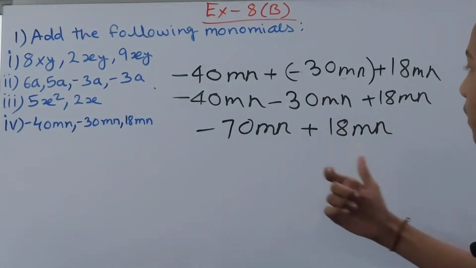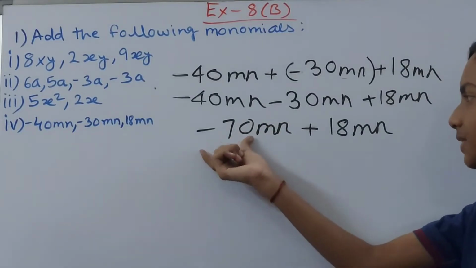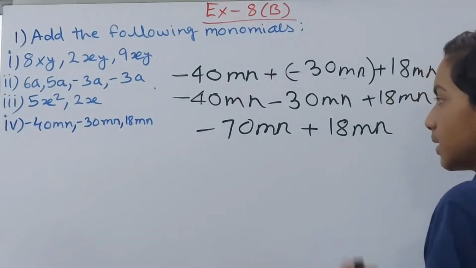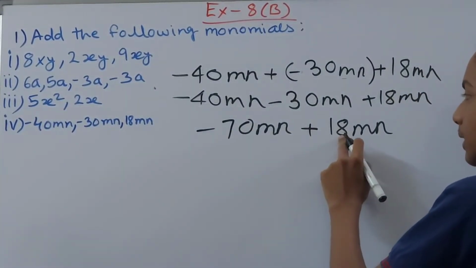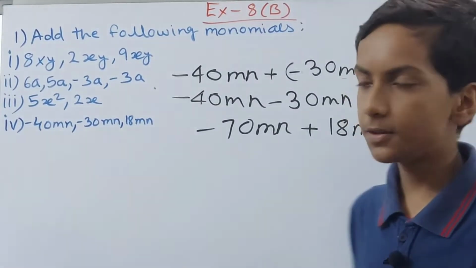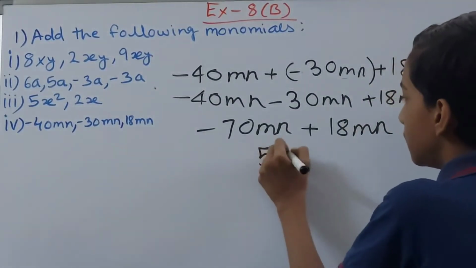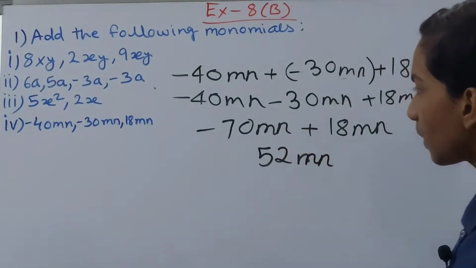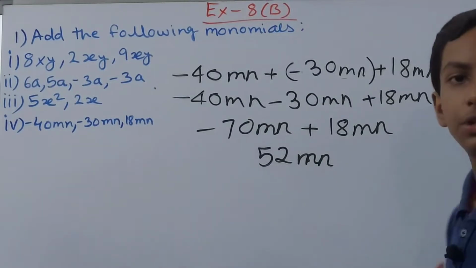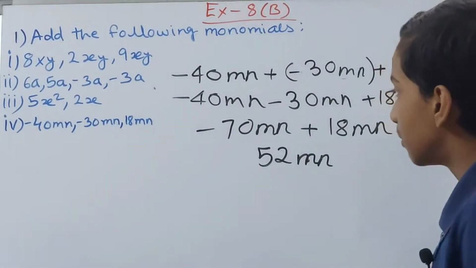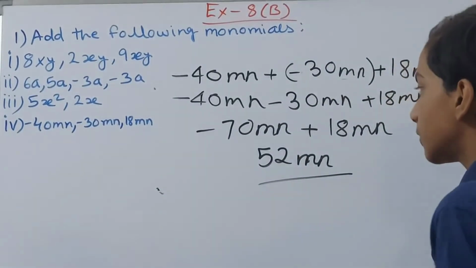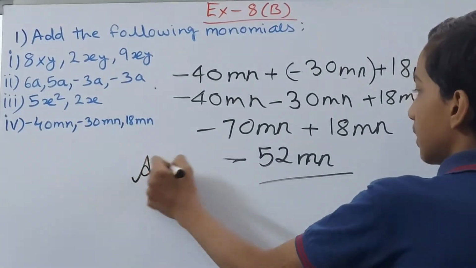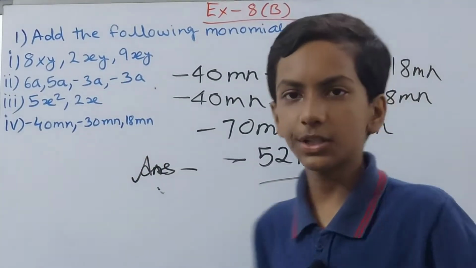Now minus 70 and plus 18 have different signs, so we find their difference. 70 minus 18 is 52, so you write 52mn. For the sign, the greater number is 70, so we put the minus sign. This becomes our answer. Let us move on to the next part.